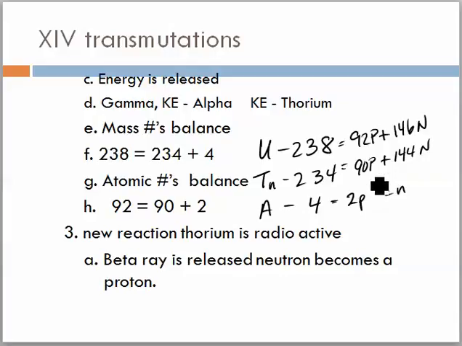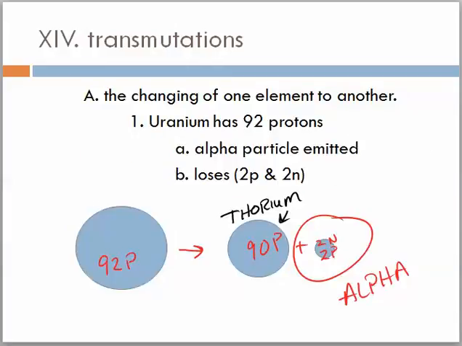Well, what I want you to see is that the protons, the atomic numbers, still balance. 90 plus 2 is 92. And the mass numbers, they still balance. 144 plus 2 gives me 146. So we don't lose any mass here. So the mass is going to be the same. This new element, thorium, is still radioactive. The uranium was radioactive, and that's why it underwent alpha decay.